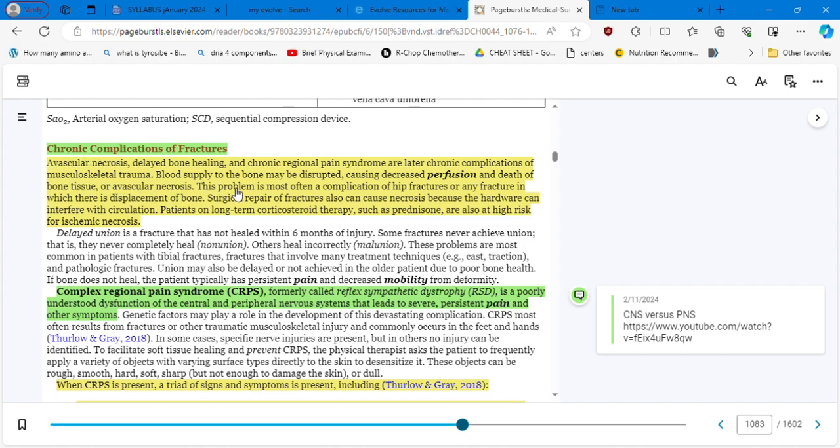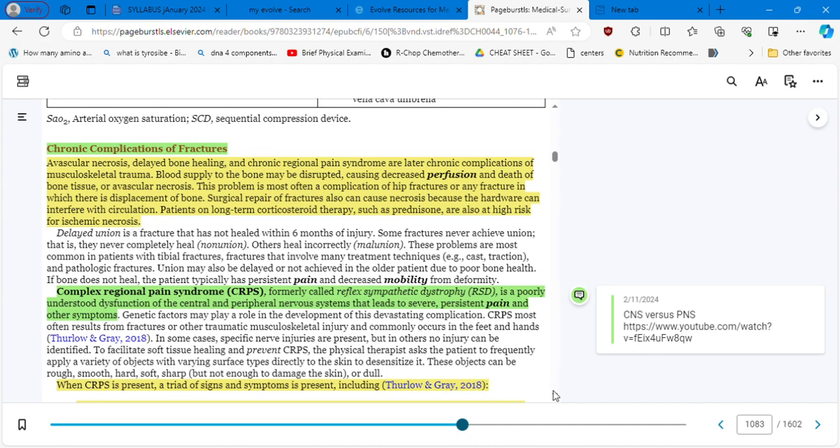So this problem is most often a complication of hip fracture or any fracture in which there is displacement of bone. Surgical repair of fractures also can cause necrosis because the hardware can interfere with circulation. Patients on long-term corticosteroid therapy such as prednisone are also at high risk for ischemic necrosis.